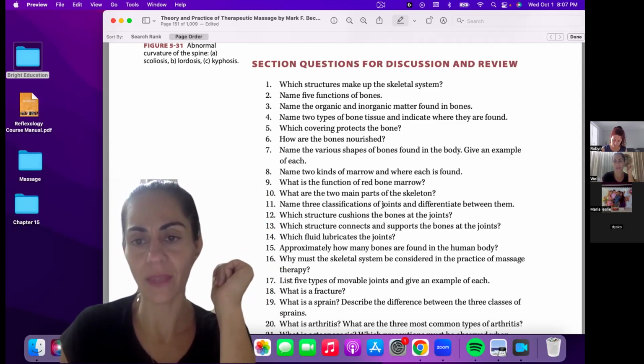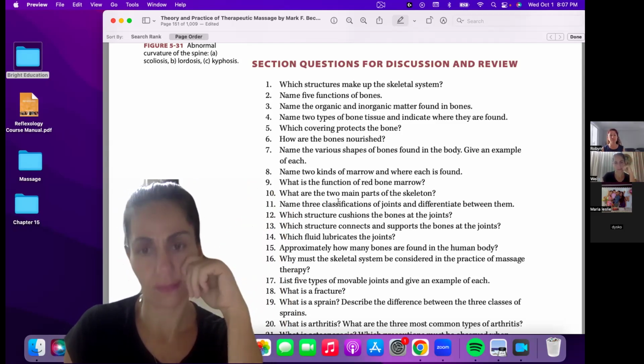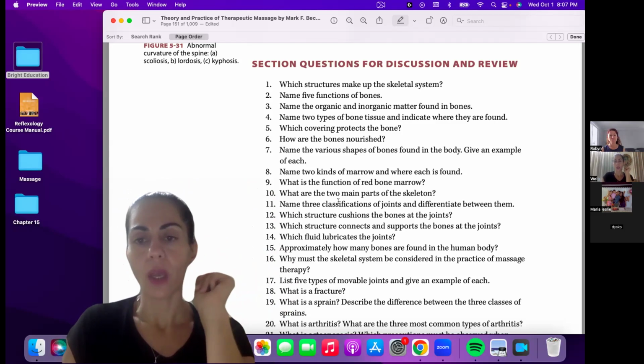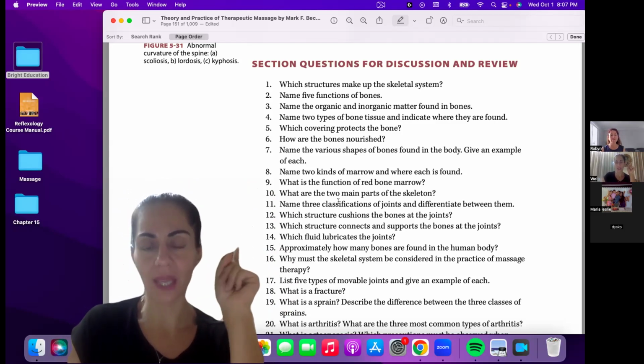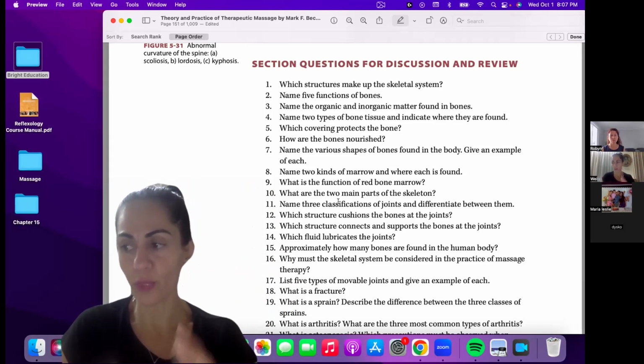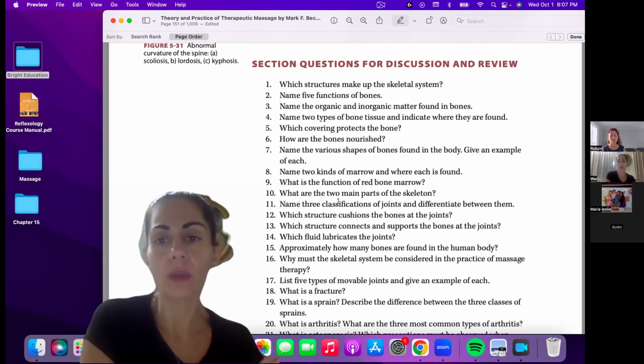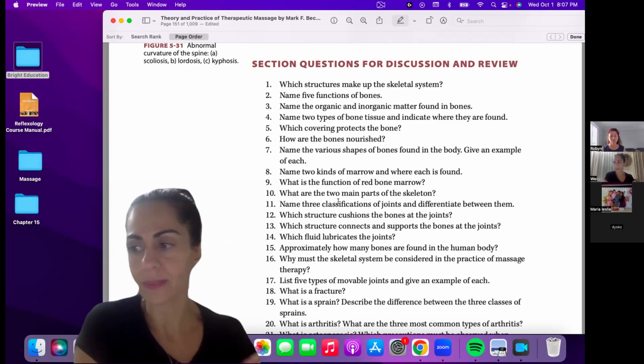Number 11. Name three classifications of joints and differentiate between them. When it comes to movement, not types of synovial joints, but types of joints by movement. I'll tell you the movement and you give me the name. Immovable, partially movable, freely movable.